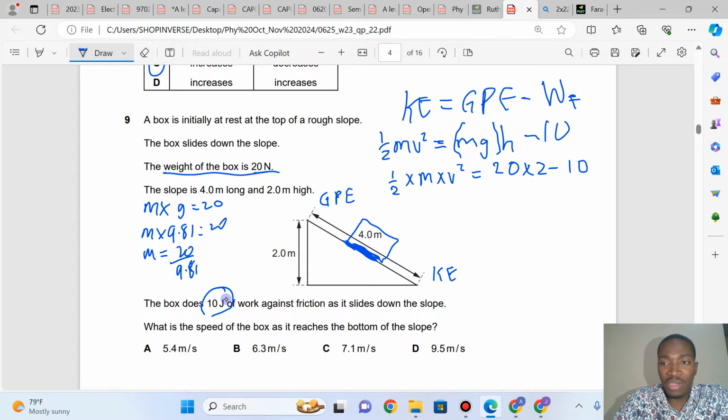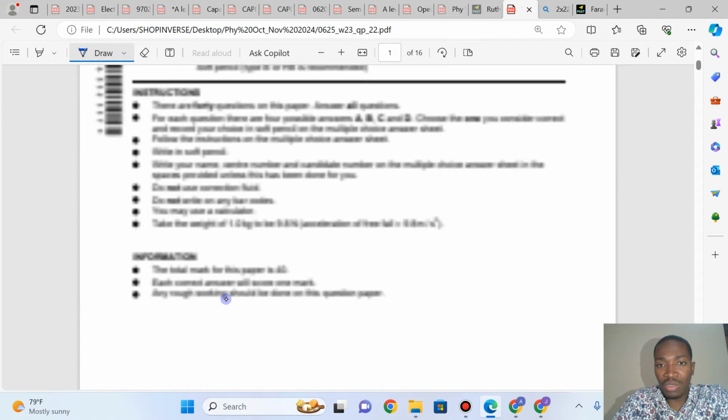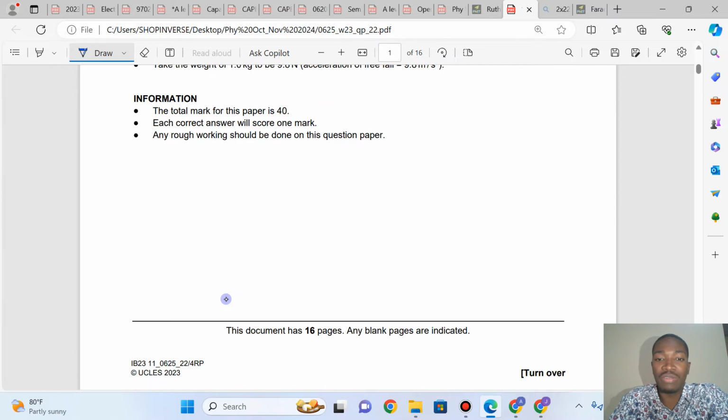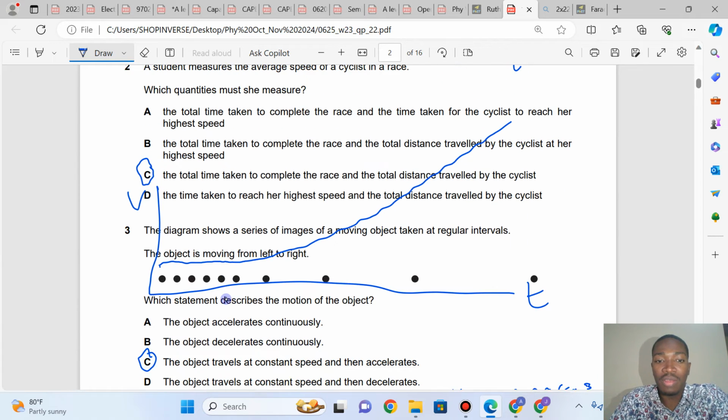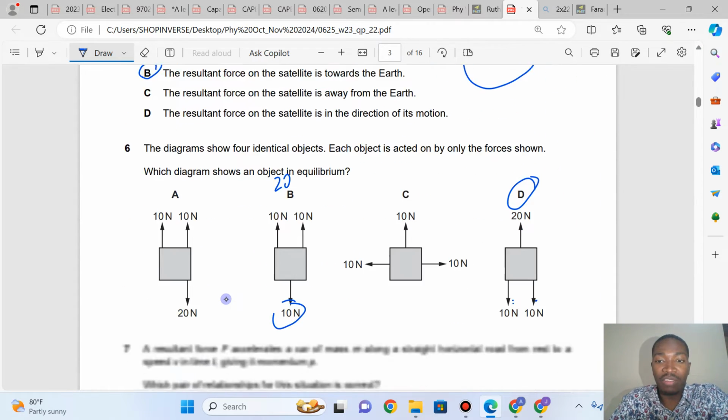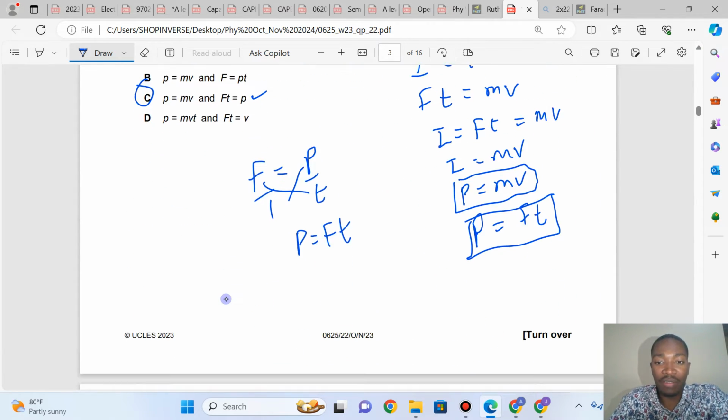How did I get 9.8? The question has already told us to take the gravitational field strength as 9.8, not 9.81. That's what the new syllabus asks you to use. At IGCSE level, use 9.8 as the gravitational field strength on the surface of the Earth.